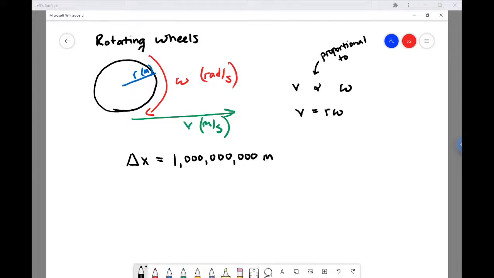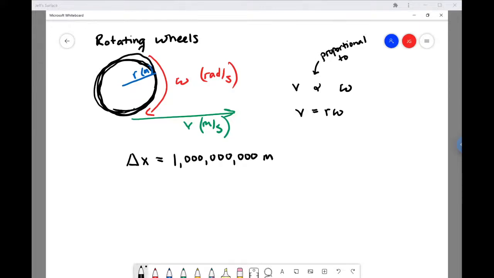How would you figure that out if you know the total linear distance that the wheel traveled as it rolls along the road? How do you figure out how many rotations have been done? Who knows that? And while you're thinking about it, I'm going to make my wheel a little bit more wheel-like.